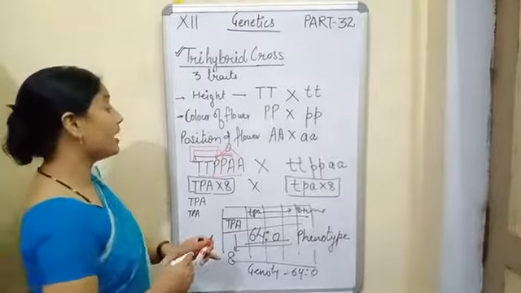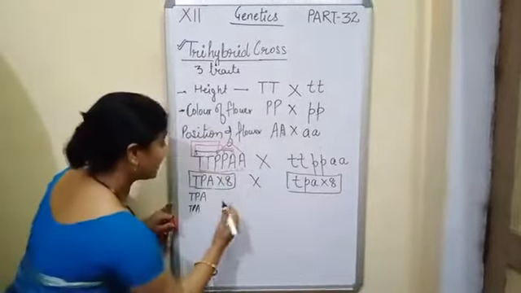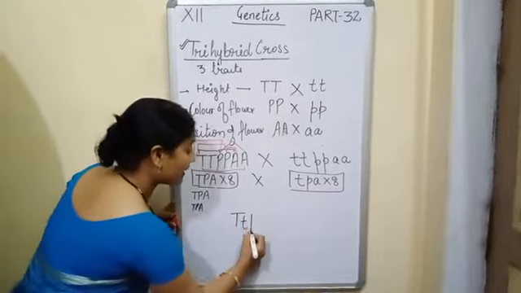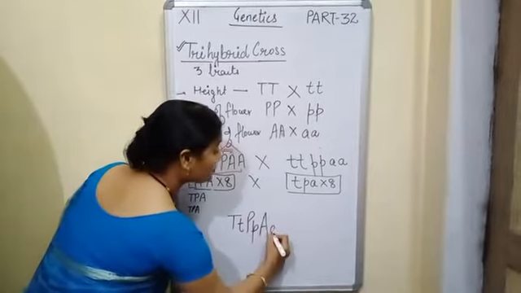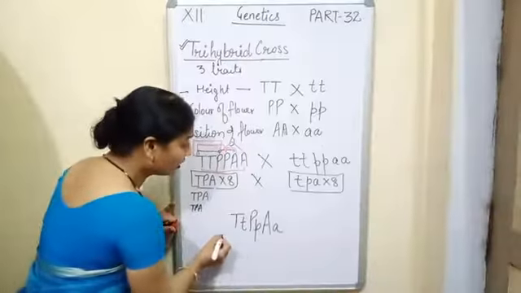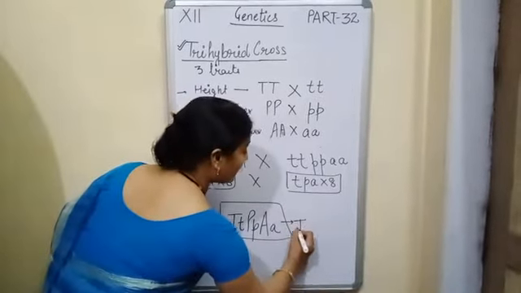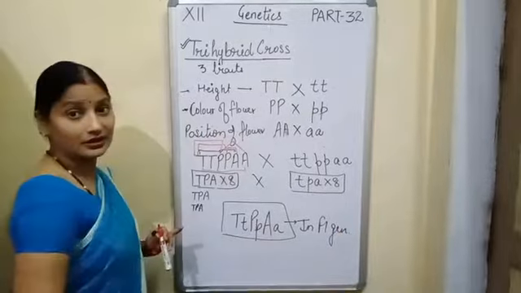And all the plants will be of this type: capital T small t, capital P small p, and capital A small a. All the offspring will be of this type in F1 generation.